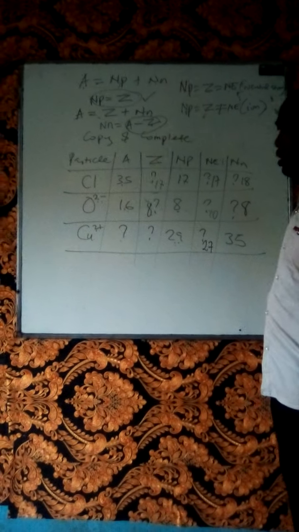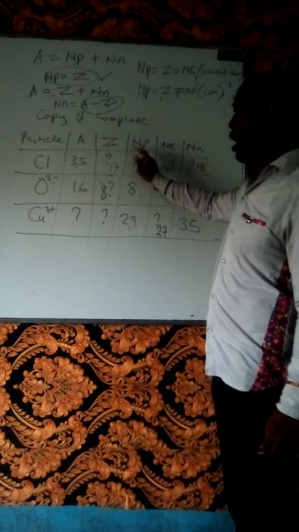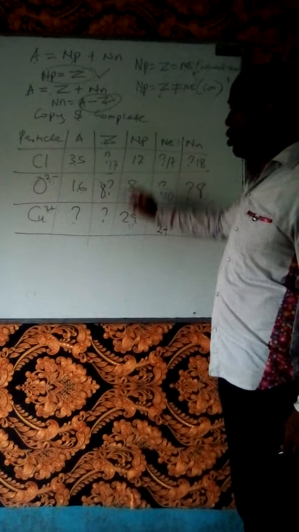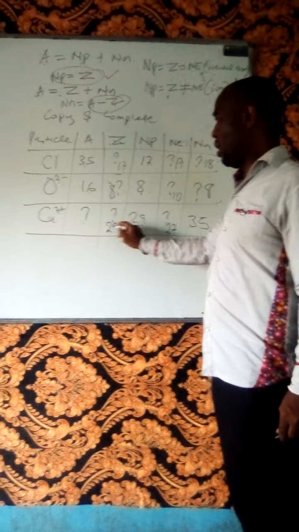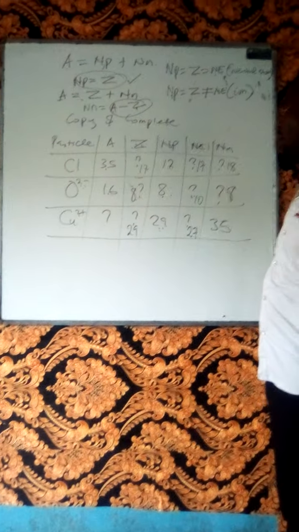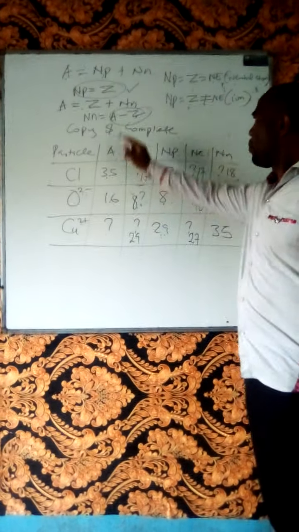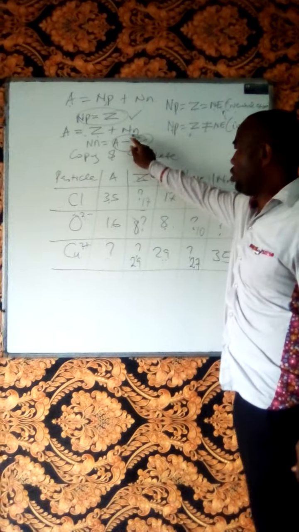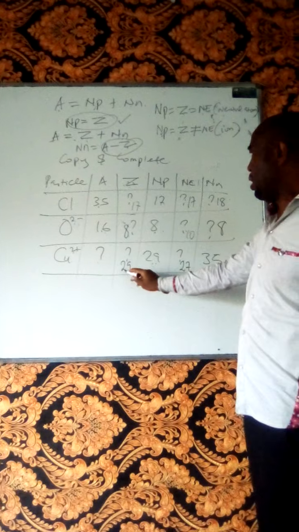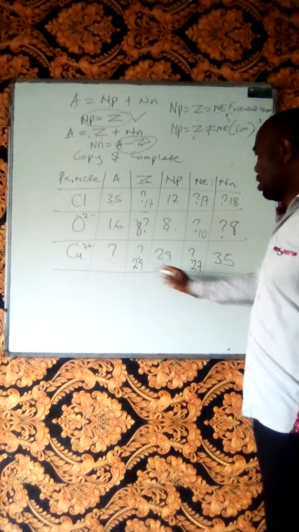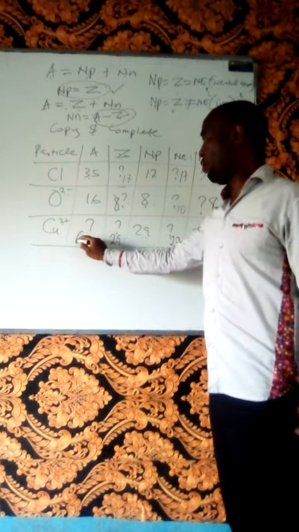Then these two are always equal: atomic number is equal to the number of protons, so the atomic number is 29. To get the mass number, it is Z plus neutron, atomic number plus neutron. Neutron is 35. 29 plus 35 gives us 64.